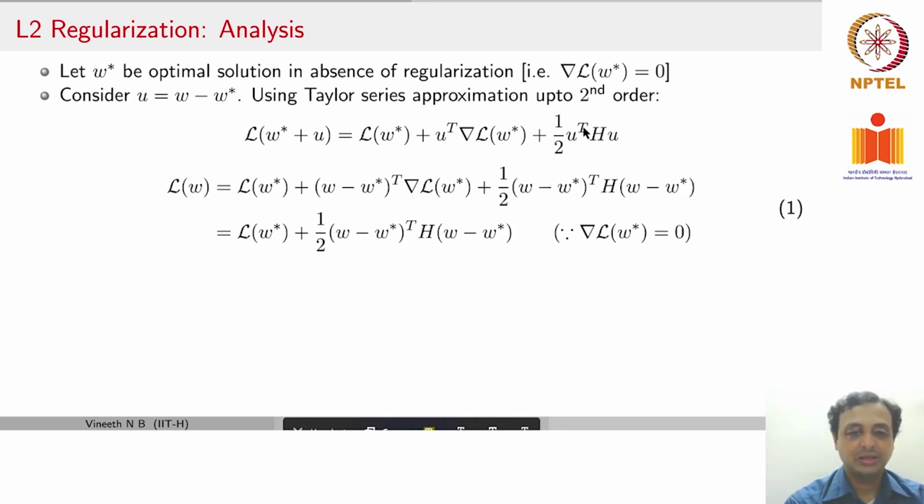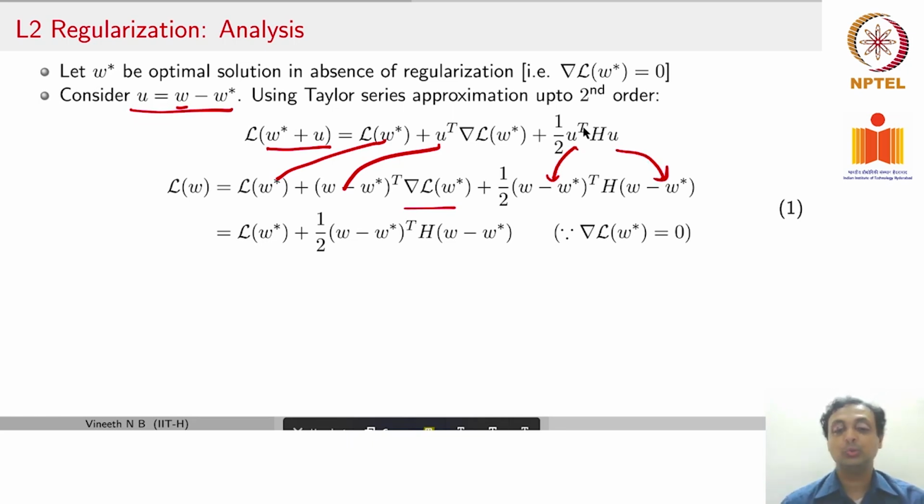So which means w star plus u is actually w. So I can say L of w is equal to L of w star, written as it is. U transpose is written as w minus w star transpose because of the definition of u. Then you have grad of L at w star, plus you also replace this u with w minus w star and this u with w minus w star.